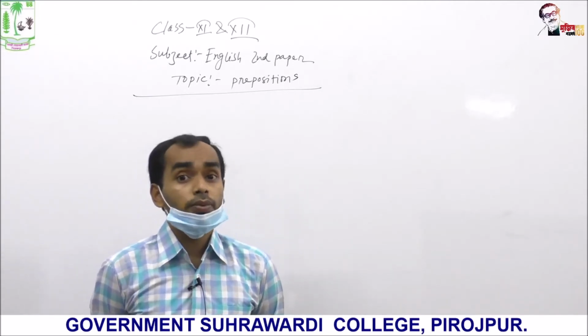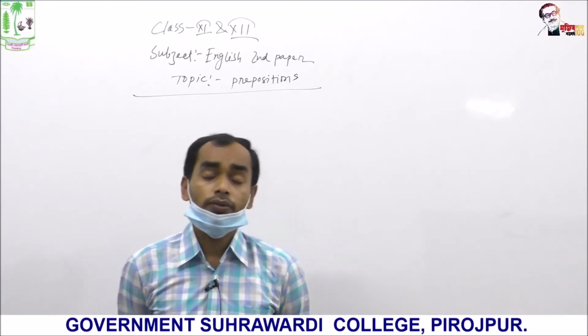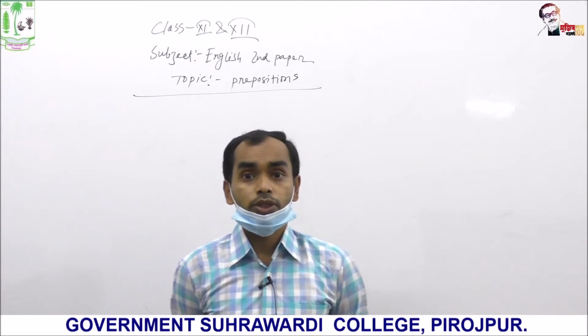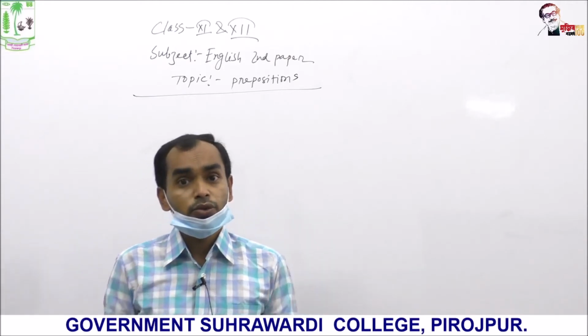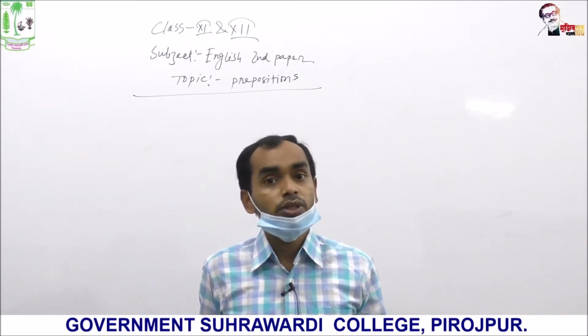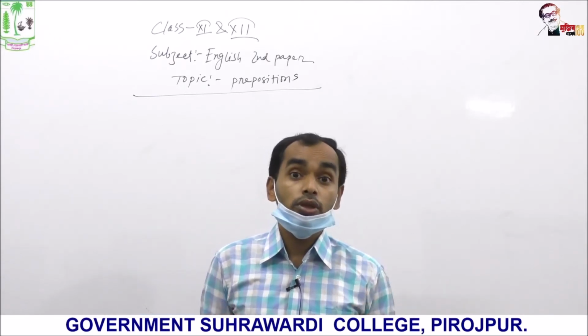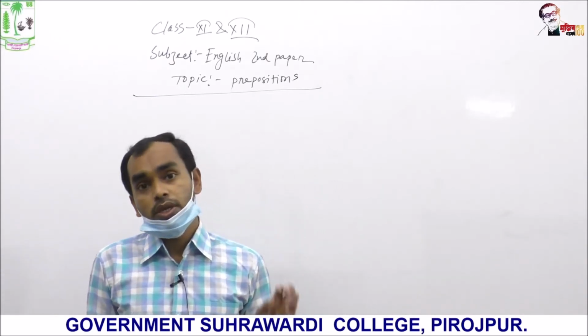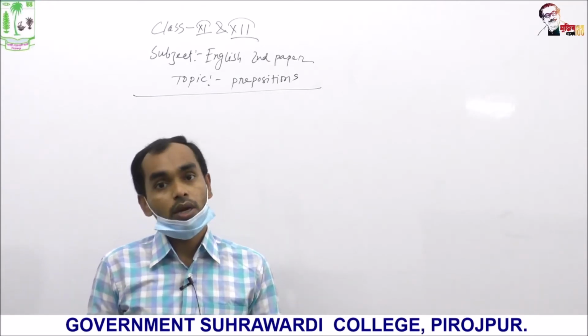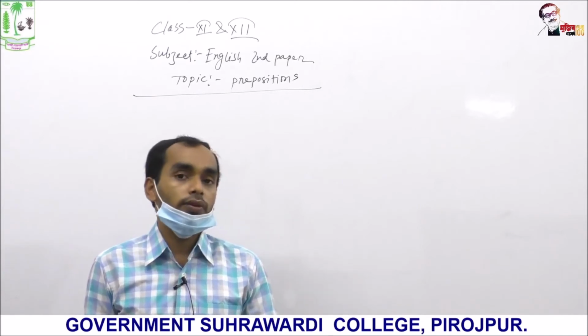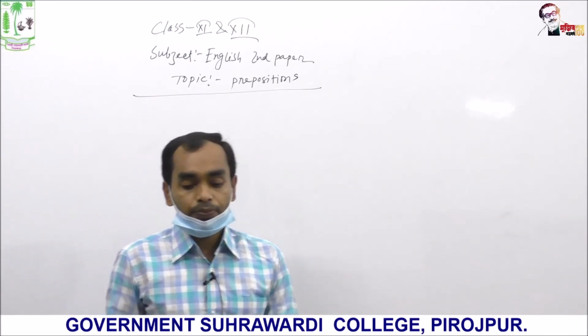the uses of preposition. What is preposition? I think all of you have an idea about preposition. Preposition is a word which is used in a sentence in order to make a connection between other words. Actually, prepositions are used before noun or noun equivalents. Okay.